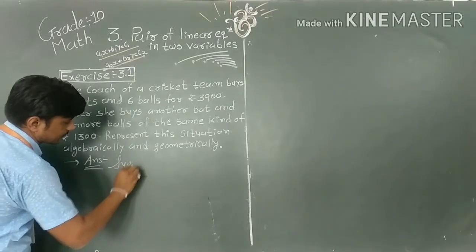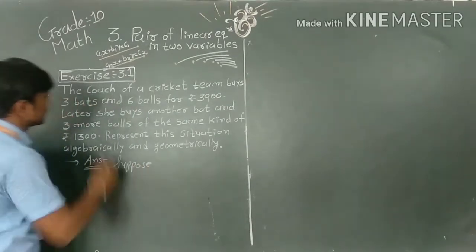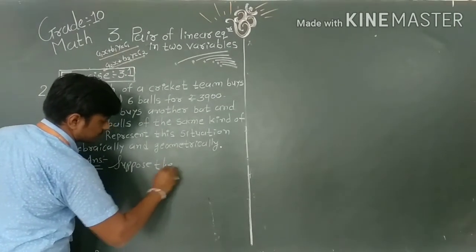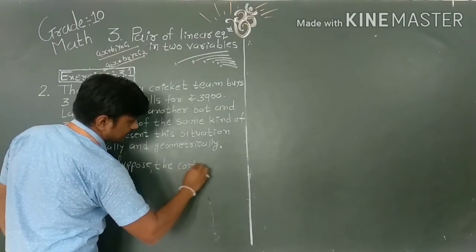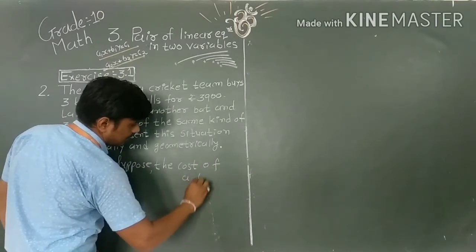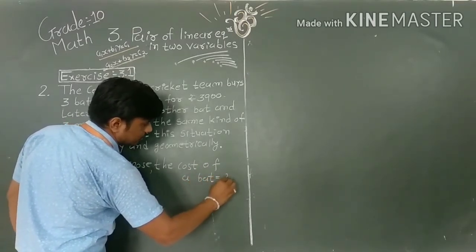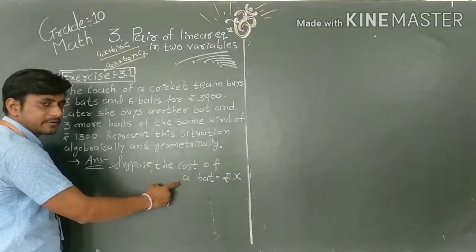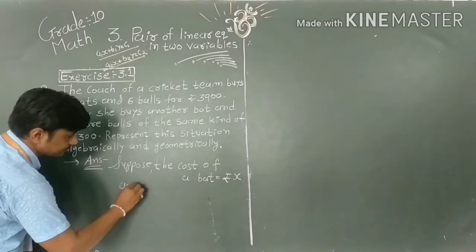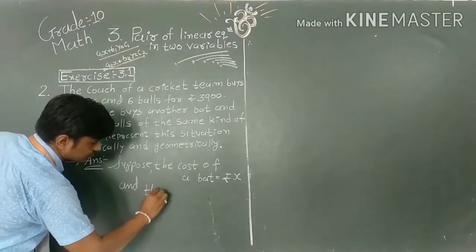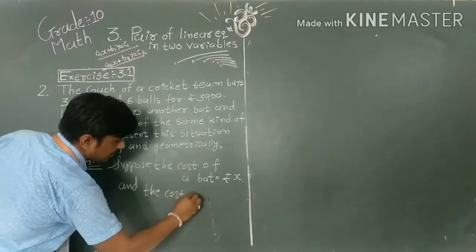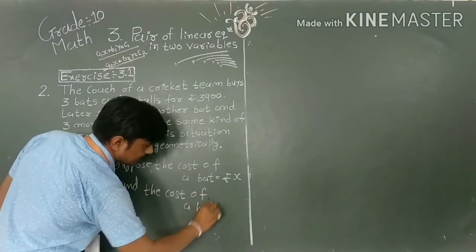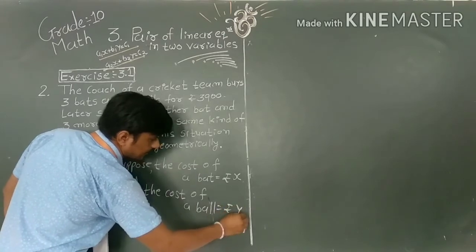Suppose the cost of a bat is equal to rupees X, a single bat, and the cost of a ball is equal to rupees Y.